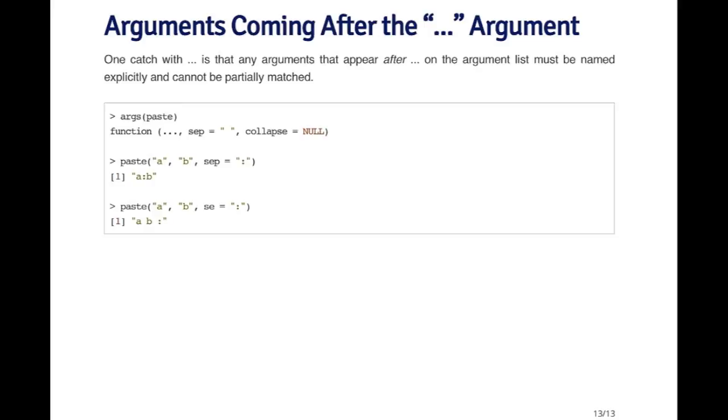So when I say paste A, B, and then SE equal to colon, the SE might be partially matched in another circumstance, but in the paste function it can't use partial matching, so it just assumes that colon is just another string to be pasted together, and so you get the string AB colon. So just be careful when you're using functions that have dot dot dot as an argument: any arguments that appear after the three dots have to be named explicitly and in full.